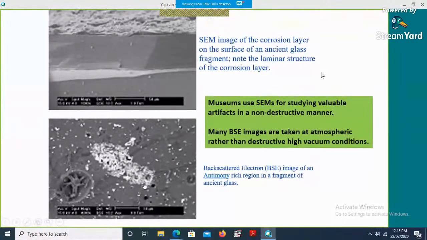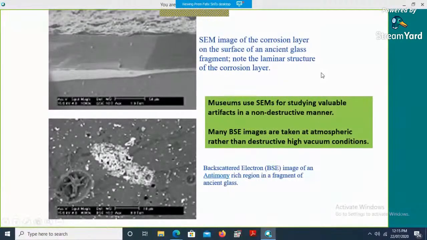So probably the antimony is getting excluded from the material, and it is coming to the top and getting deposited. Once you know this, you can take appropriate precautionary measures to prevent such a thing.